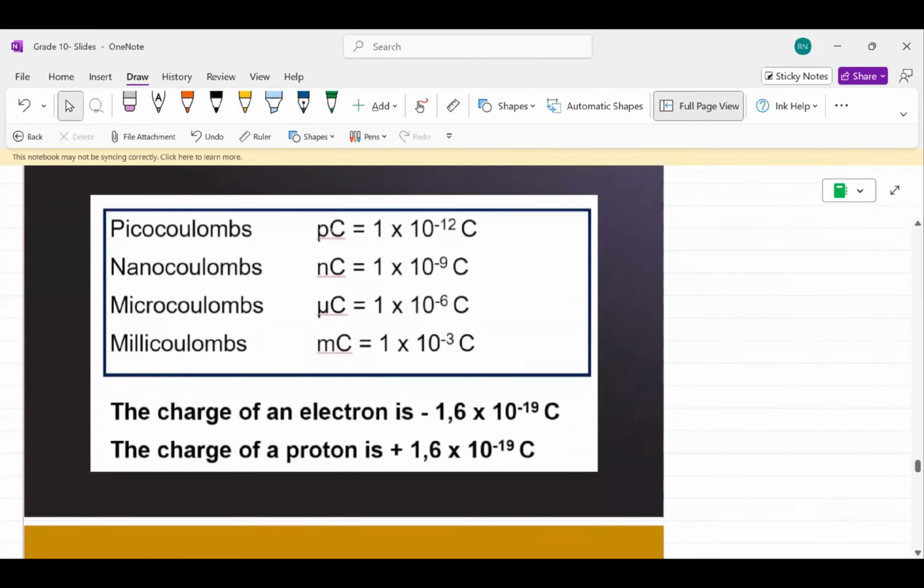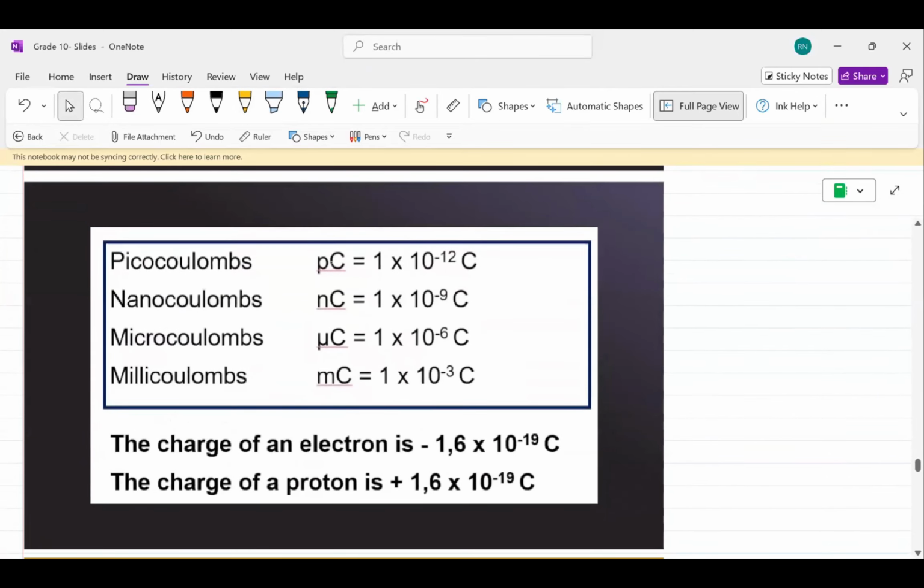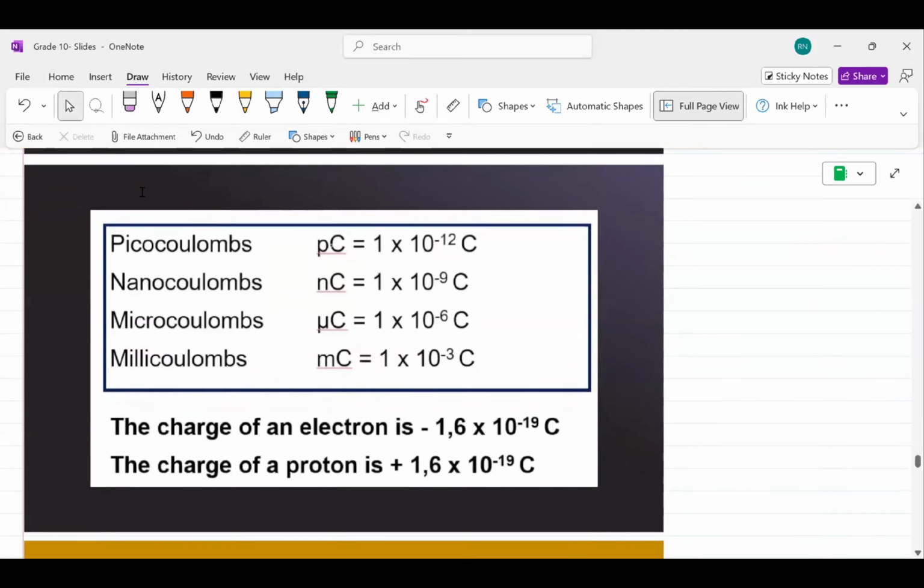Okay, and then this is just conversions. So the main ones are the picocoulombs, nanocoulombs, microcoulombs, millicoulombs. We know that our charge is calculated or presented in coulombs. And so we always have to do our calculations using coulombs.